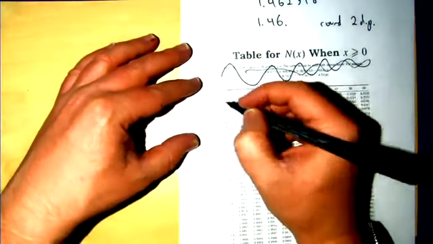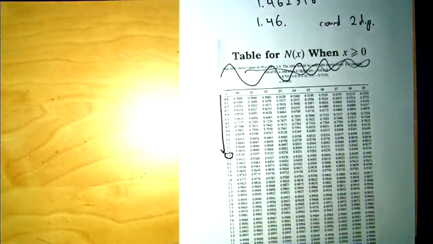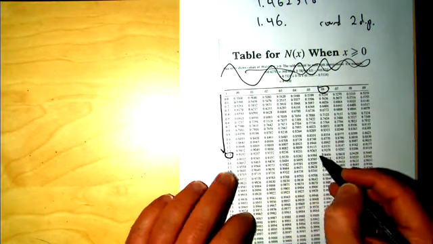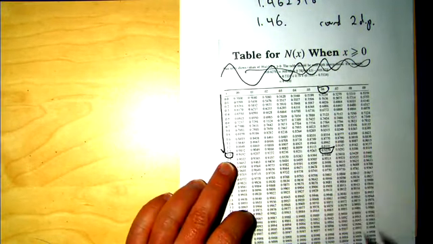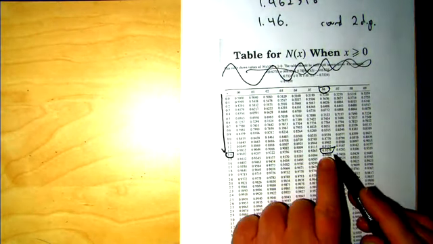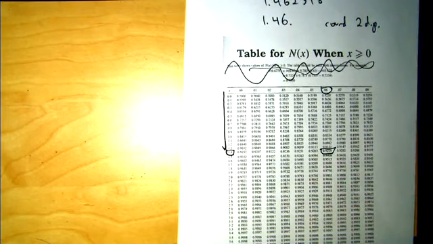We go down till we find 1.4, and then we go across till we find the 0.06, and the number that I put in for N of 1.46 is 0.9279. So you go down for the first decimal place, and then you go across for the second decimal place. This should hopefully be familiar from a stats course you've done.